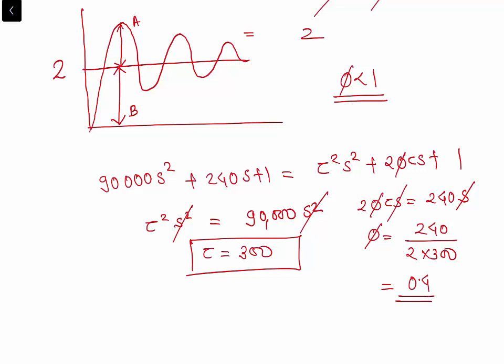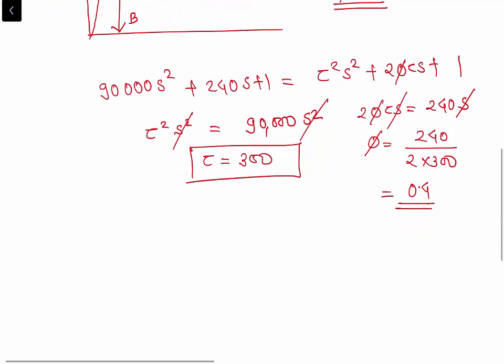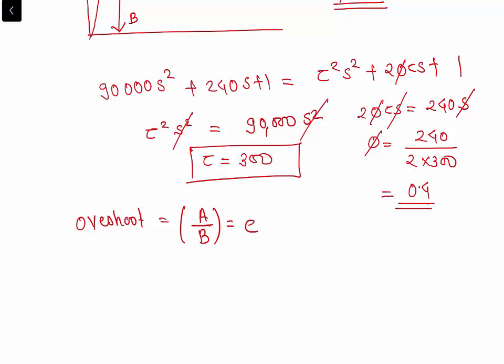Overshoot is nothing but the ratio of a by b, which has a direct formula: e to the power minus pi phi under root of 1 minus phi square.